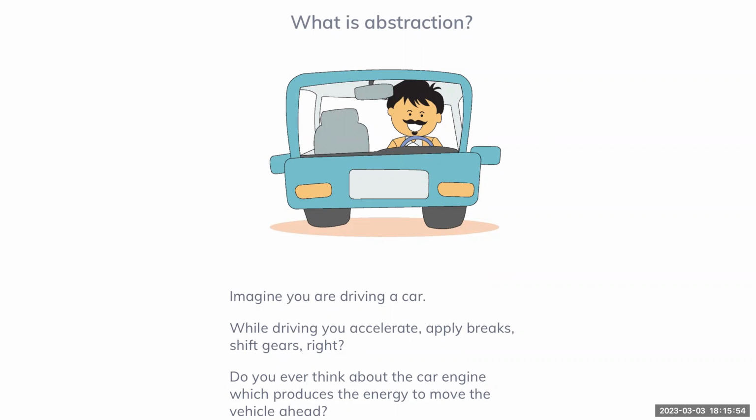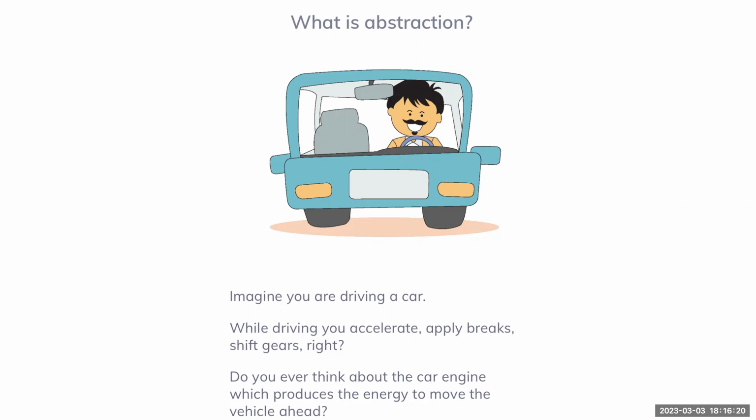You will accelerate, apply brakes, shift gears, and turn the steering to move. This is what we do, right? Do you ever think about the car engine, what exactly it does, which produces the energy to move the vehicle ahead?